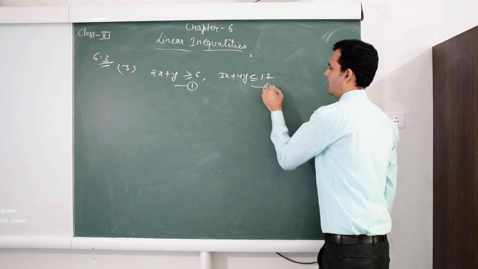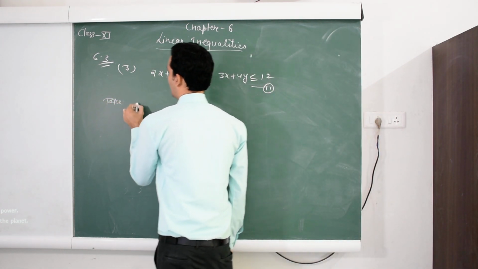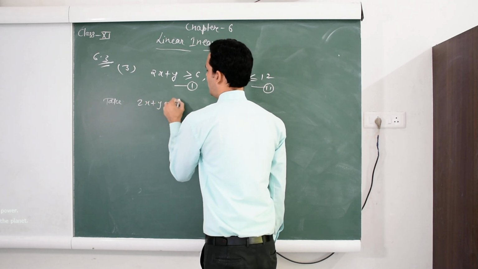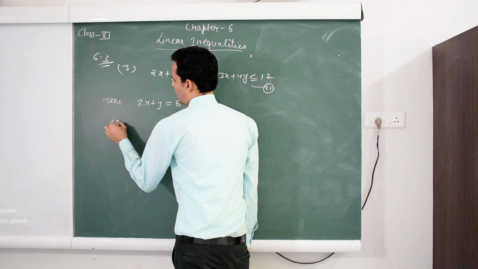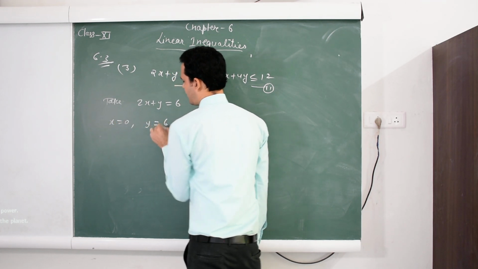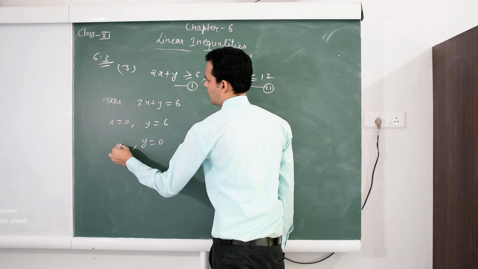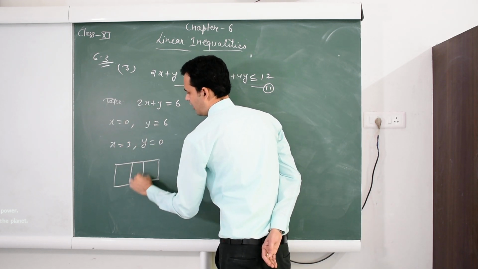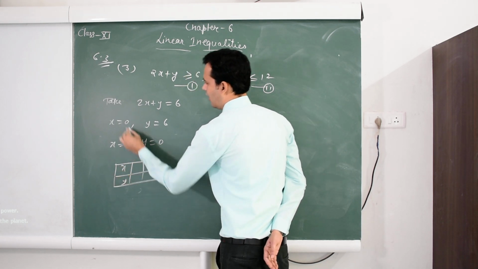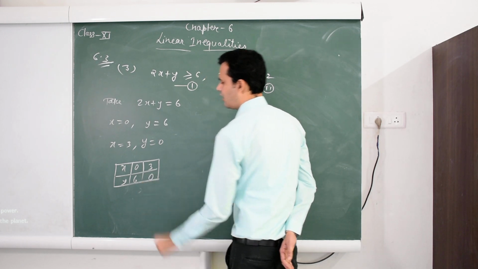Take 2x plus y equals to 6. Put x equals to 0, then we get y equals to 6. If we put y equals to 0, then x equals to 3. So we get 2 points, x 0, y 6, and x 3, y 0.